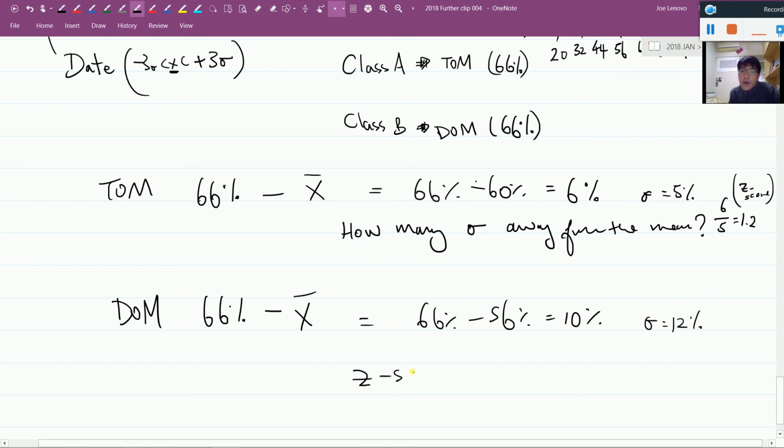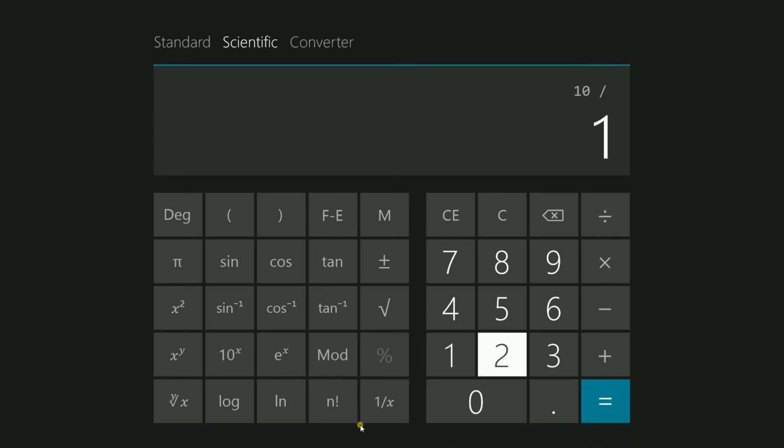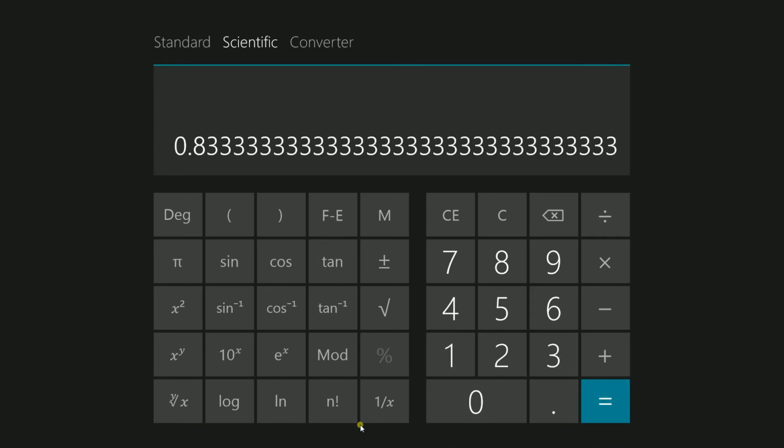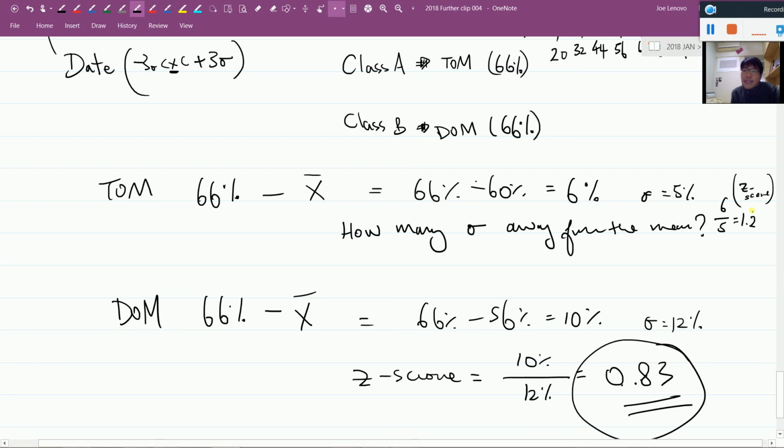The set score equals the difference over the standard deviation percentage. This is 10 over 12, which gives us 0.83. Set score.